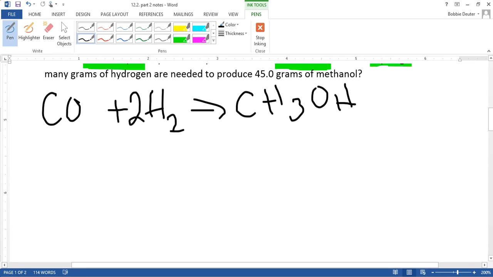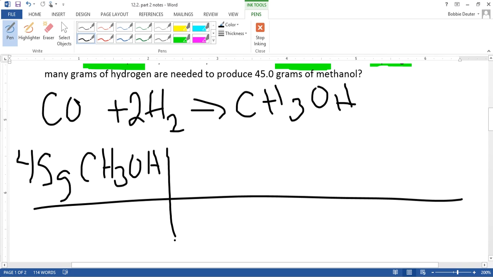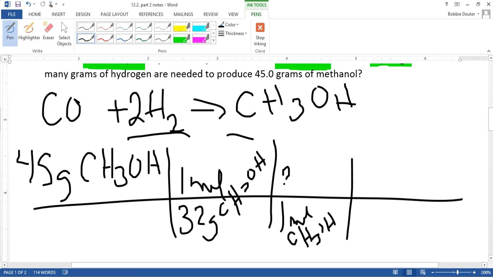So we started with 45 grams, so that's what we start with, of our CH3OH. Remember, we have to go to our molar mass of that, so 32 grams over 1 mole of our CH3OH. The next step is our molar ratio. This comes from the balanced chemical equation. When we look up here, we only have 1 mole of our CH3OH, and we have 2 moles of hydrogen.